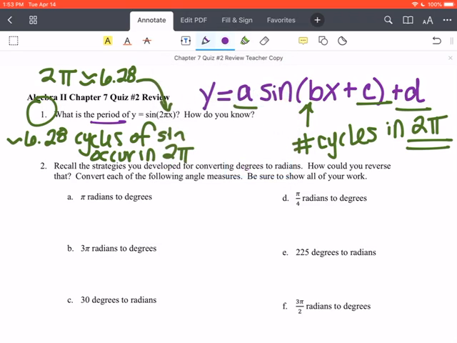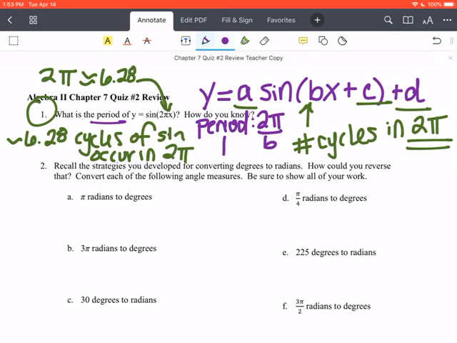Okay, so if you look back in your notes, we specifically taught that the period is found by taking 2 pi divided by b. What is the length of one cycle? That's what the period means.